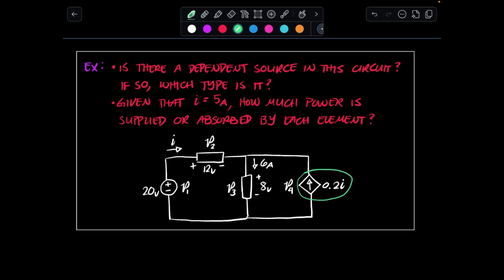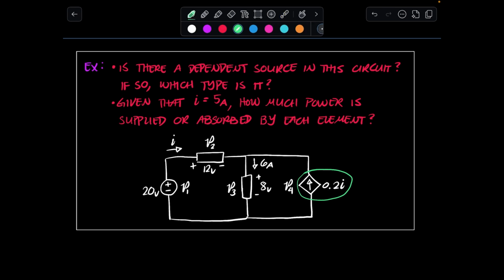And now let's think about what kind of dependent source it is. Well, we see that it is a current source, right? Because of the arrow, and this is going to be the flow of the current. It's going upwards here. And we see, obviously, that it is a dependent source because of the diamond. And we see the value here is 0.2 I. We can tell that I, the current, is the variable used to control this dependent current source.